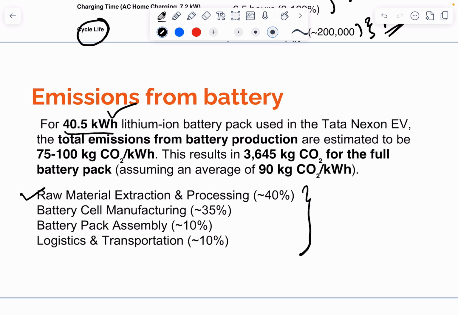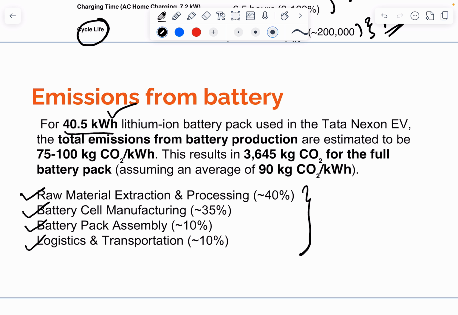Then there is a cell manufacturing part. The cells which are manufactured are assembled, and then finally they need to be transported. You know that it's all quite geographically spread. We get critical minerals from China, the refining we could get done in China, and there could be plants located at different parts of the world.